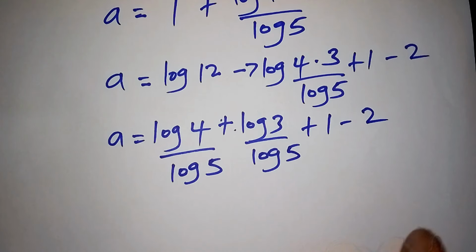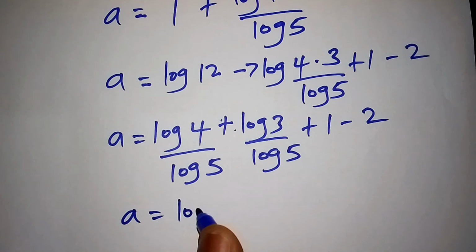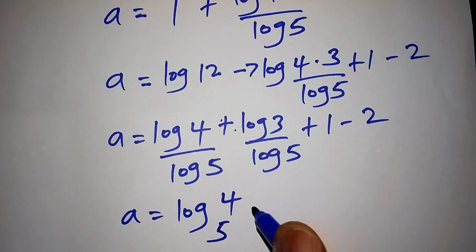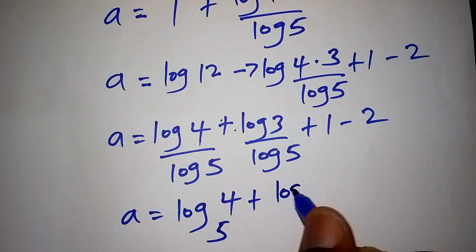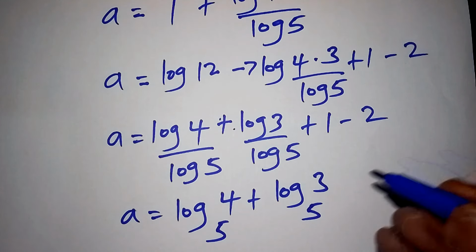So a is equal to the log of 4 plus the log of 3, all over the log of 5, plus 1 minus 2. To conclude, a is equal to the log of 4 to the base of 5, plus the log of 3 to the base of 5, minus 1.